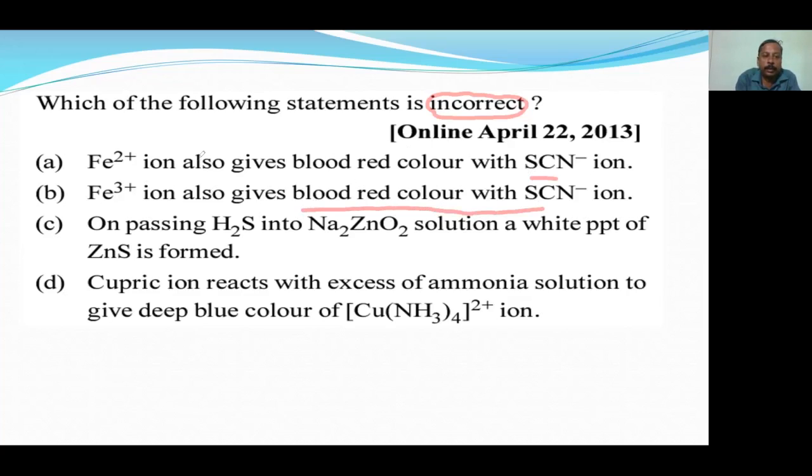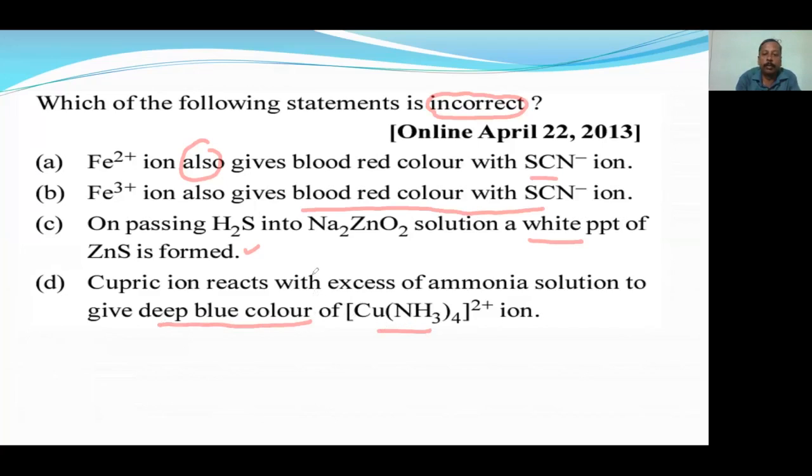On passing H2S into ZnO2 2-, a white precipitate of ZnS will be formed. Next, cupric ion reacts with excess ammonia solution to give a deep blue colored solution of this ion.